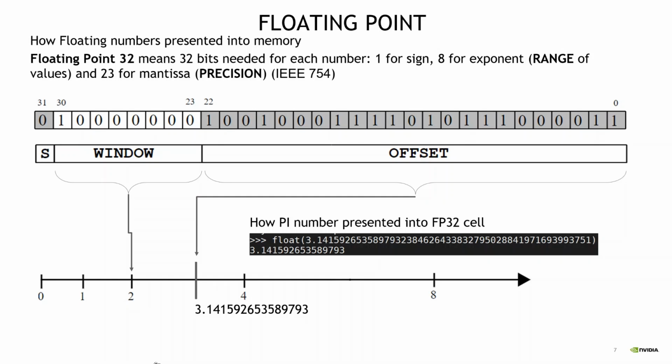In our example, it shows more precisely where the number pi is placed between 2 and 4. And here we can see what the original number pi is and how it will be stored in our memory in float format. Our number will be cropped to some length because we don't have enough bits in FP32 to store all other values.